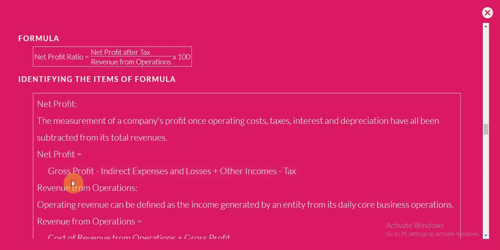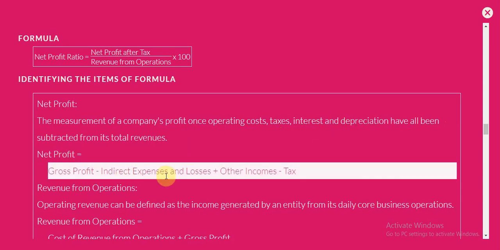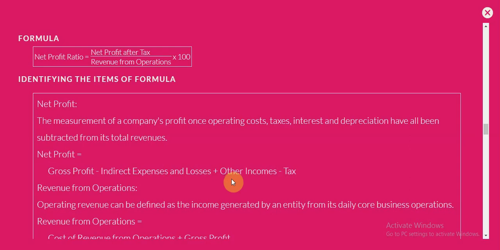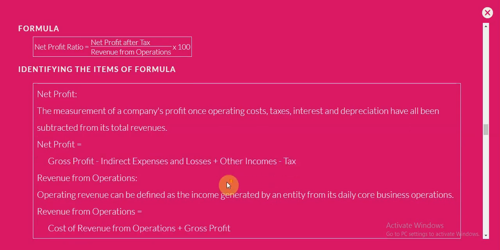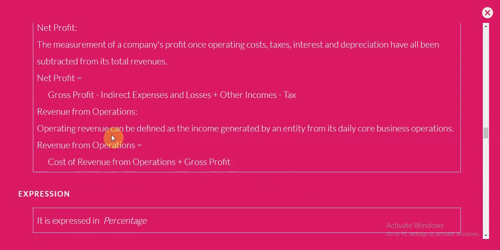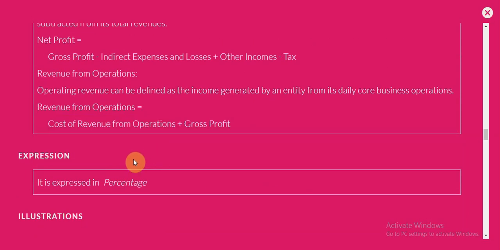So net profit is equal to GP minus indirect expenses and losses plus operating incomes, plus other incomes minus tax. Revenue from operations is nothing but sales. We already know revenue from operations, and net profit ratio is expressed in percentage.